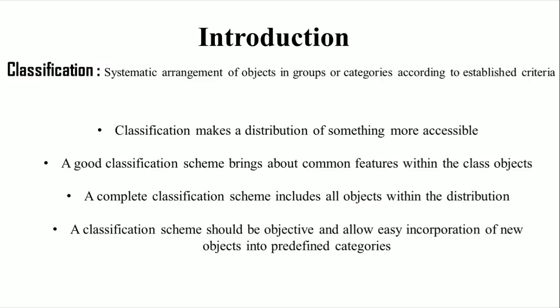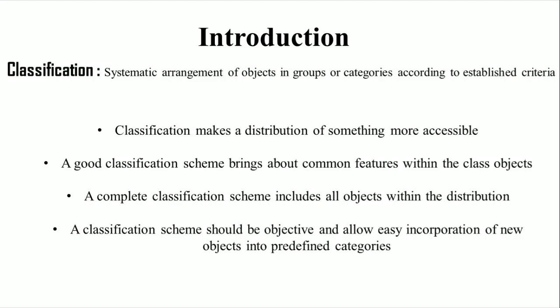Then a good classification scheme brings out common features within the class objects. This is important because it will help us understand the class and the class properties a bit more, and if there are more common features, then we understand that the criteria that we use to separate and classify these objects is more fundamental. And for a classification scheme, the criteria should be objective.